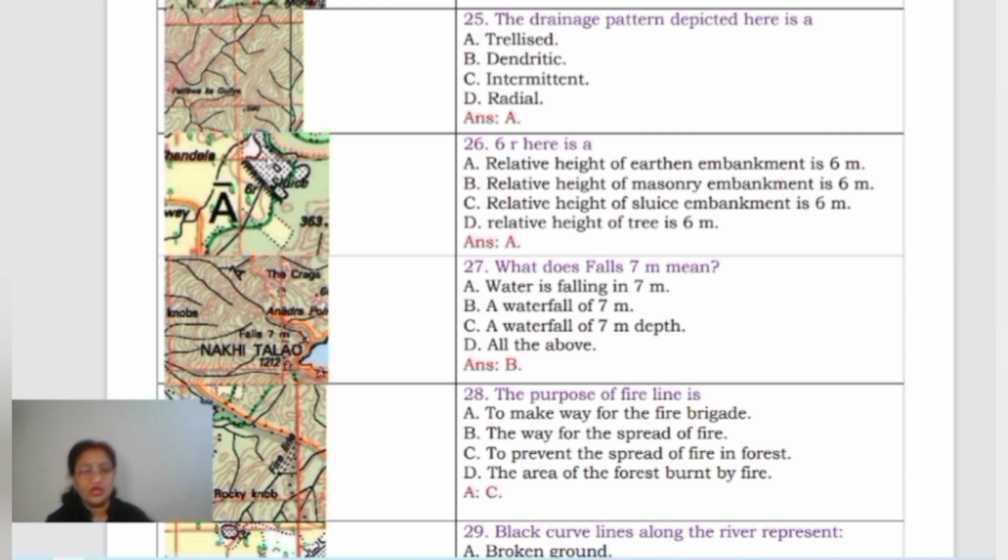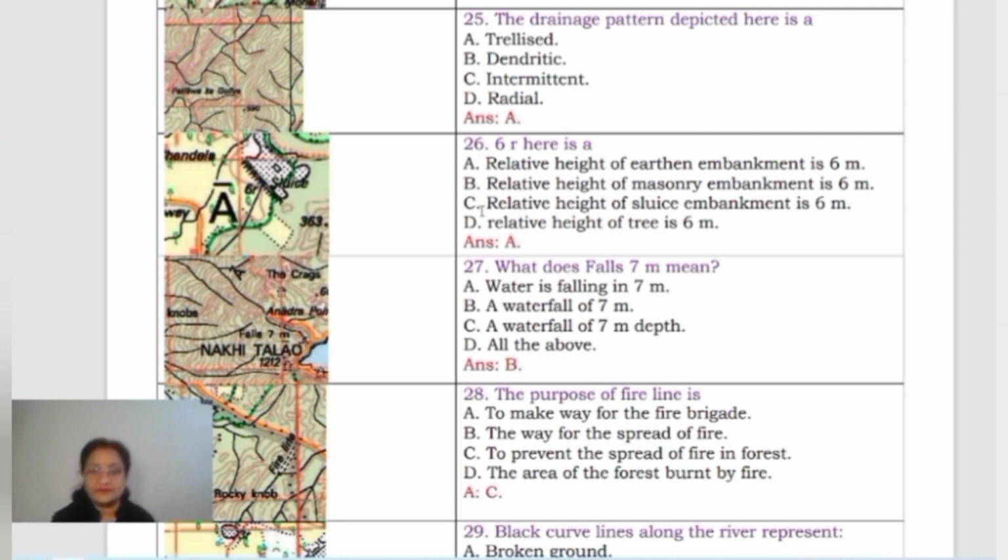Now this seasonal tank is there with an embankment, and very close to it it is written 6R. What does that mean? It is actually the relative height of the embankment. It cannot be depth, it has to be height, because it's a wall. An embankment is a higher structure. So the relative height of the embankment is 6 meter. So here the option A will work.